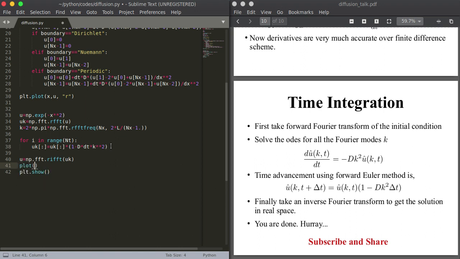Now let me plot u with x, so x comma u. Let me do it with something else, maybe a star, and the color maybe green. Green colored. Now my solution using the spectral method is ready.